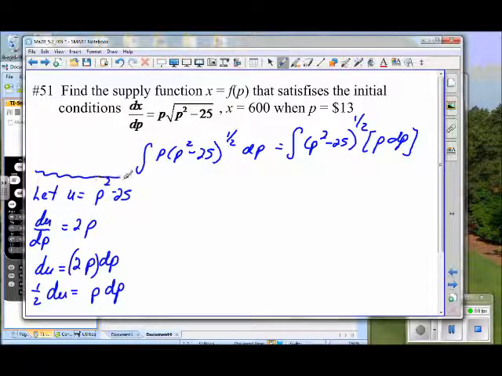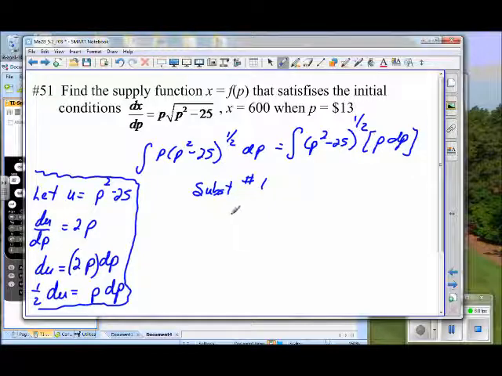So that is off to the side, and I'm ready for my first substitution. So substitution number 1, we'll make this the integral of, and u has the same value as p squared minus 25, so it's u to the 1/2, and the p dp has a value of 1/2 du.